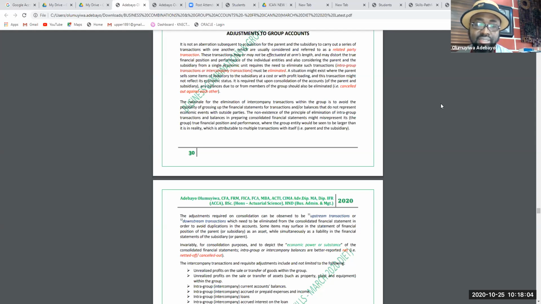It is the result of this desire to achieve that synergy by interacting, engaging in common transactions, and synchronizing activity that gives rise to what we call intra-group transactions or intercompany transactions. Now, in summary, intra-group transactions are transactions that emanate between the parent and the subsidiary. Now, let me break it down into practical substance.